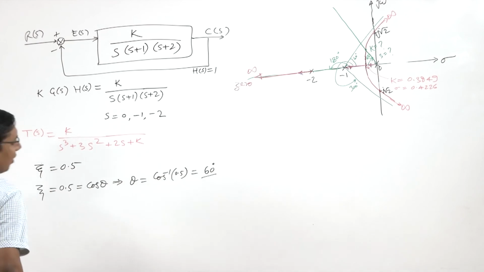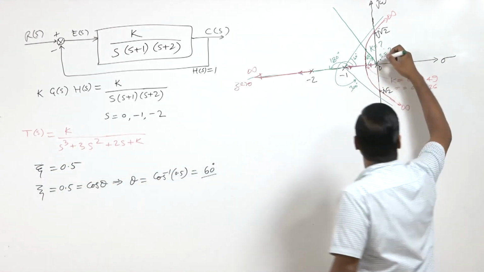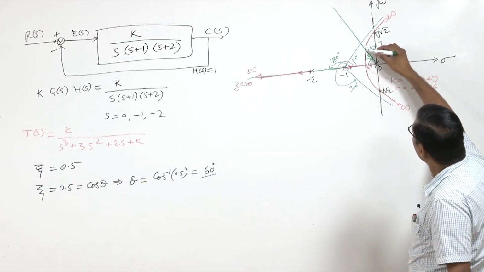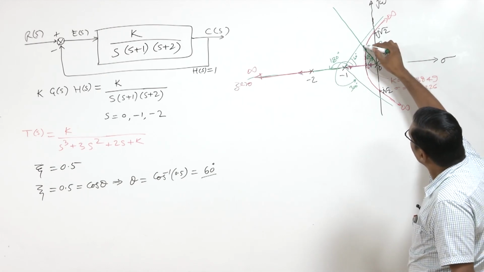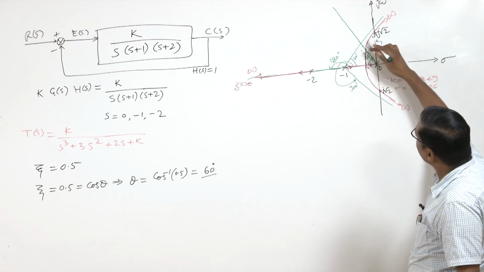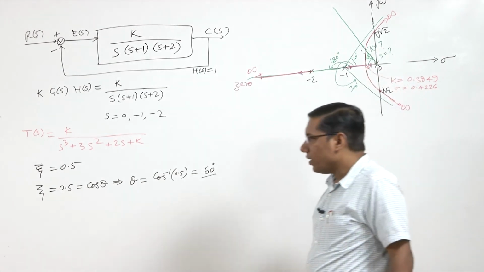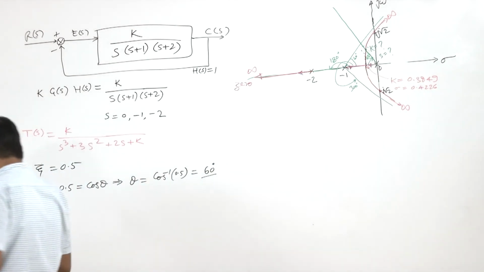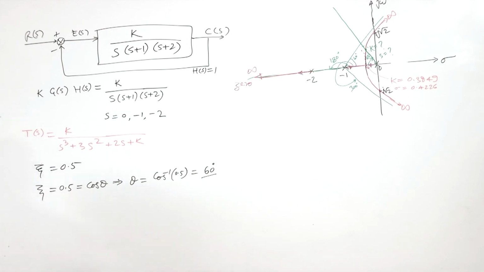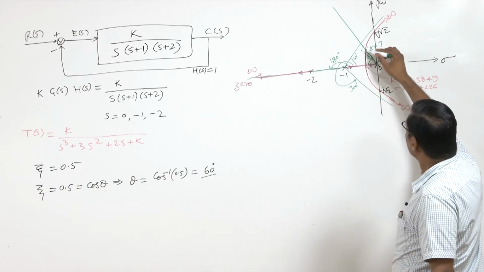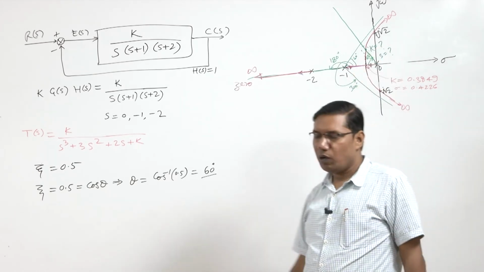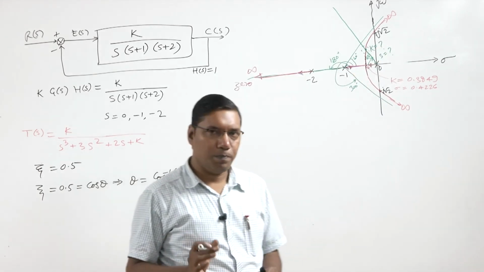So along this line we can take some points in this region, and check the condition that the angle should be an odd multiple of 180 degree.